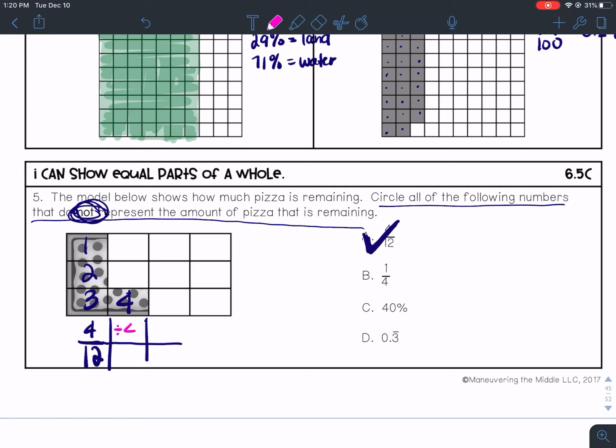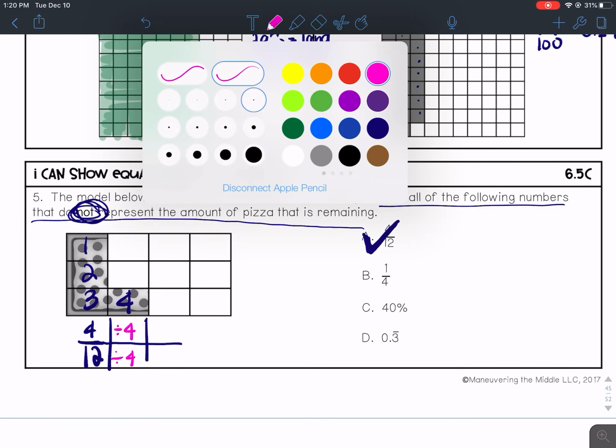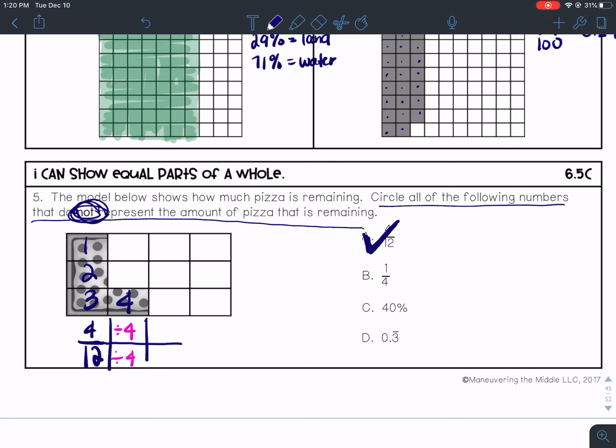So I'm going to divide by 4. 4 divided by 4 is 1. And 12 divided by 4 is 3. Okay, so then can 1/4 be an answer if it's 1/3 when it's simplified? No, it can't. So that's wrong. So that's one of my answers.